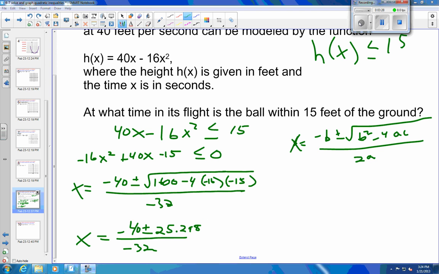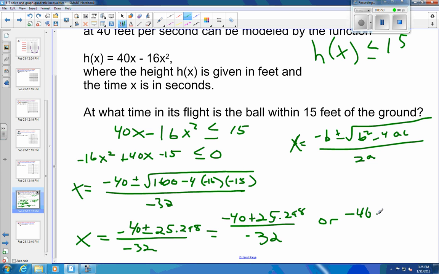Okay, continuing with our calculator, let's plug that in. I need this to be equal to negative 40 plus the 25.298 or whatever, all over negative 32, or I need the negative 40 minus the 25.298 or whatever, all over negative 32.